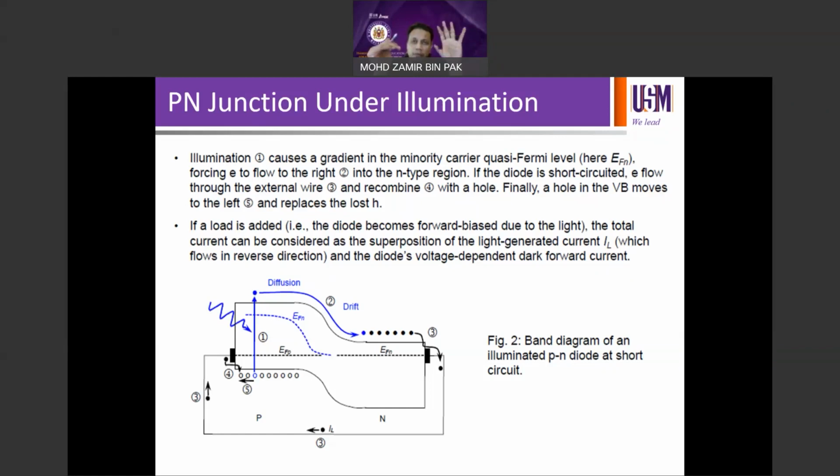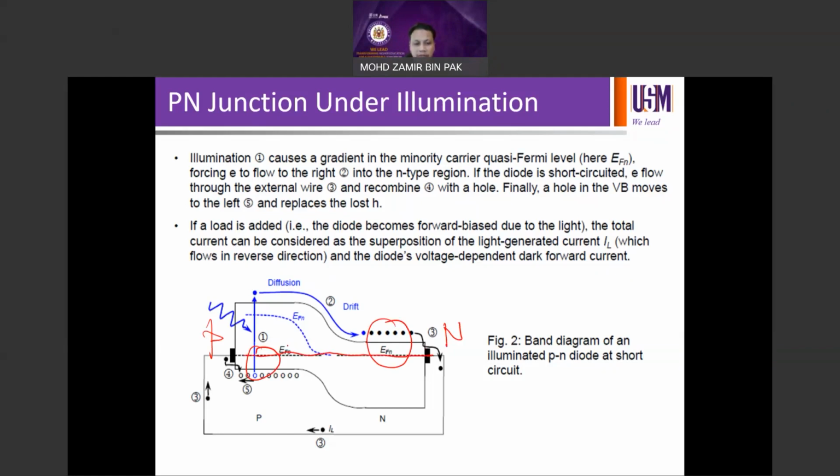For example, on the P side, your EF is closer to the valence band, and on the N side, originally your Fermi level is closer to your conduction band. But the moment we have achieved thermal equilibrium, there will only be a single Fermi level, right?